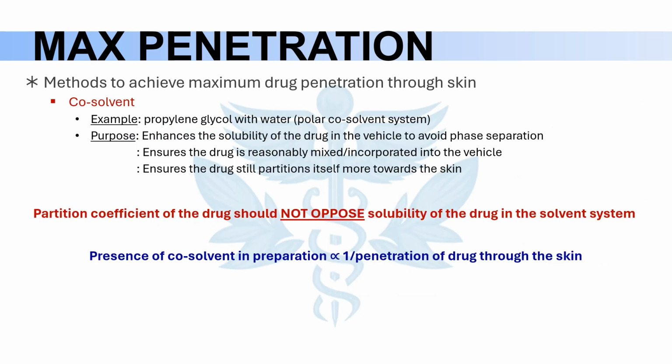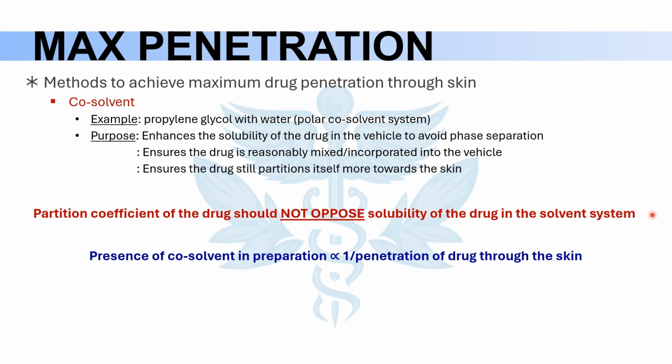And finally, the co-solvent. We need to incorporate a co-solvent to our topical preparation as it enhances the solubility of the drug in the base to avoid phase separation. It ensures the drug is reasonably incorporated into the base, and it also ensures that the drug partitions itself more towards the skin.